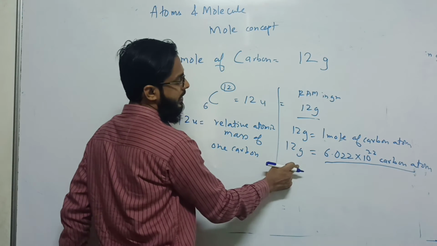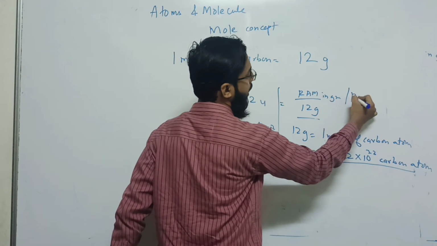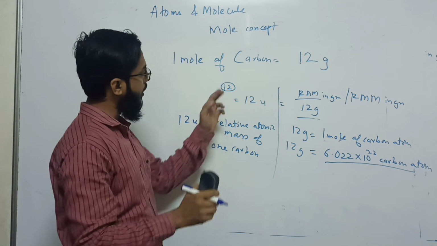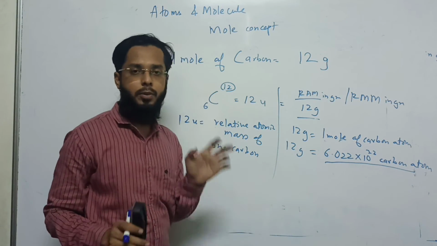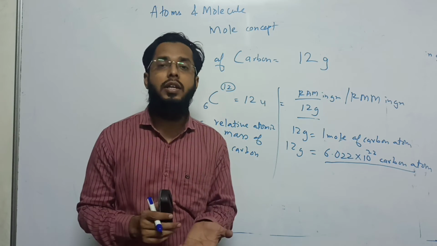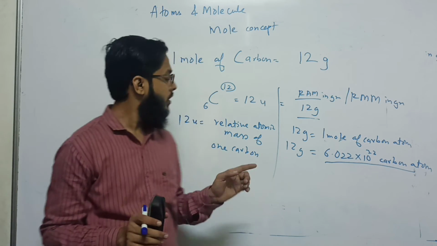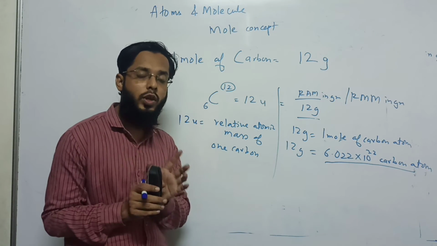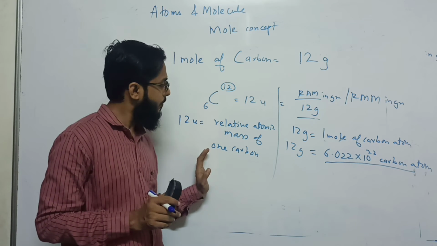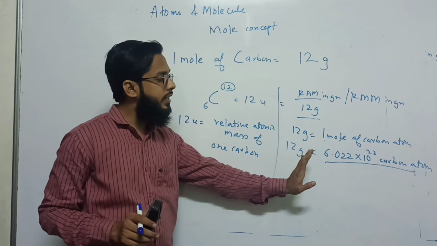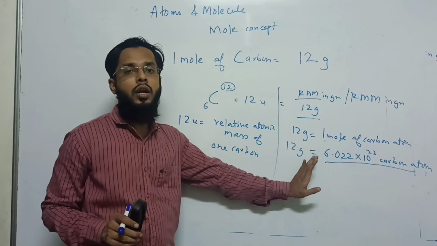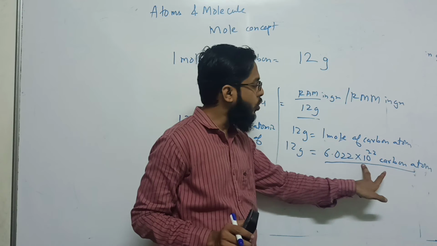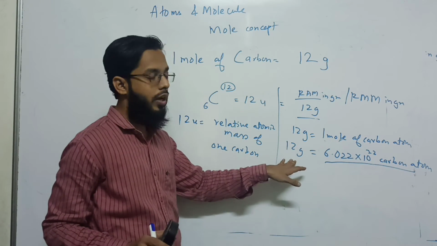1 mole will always have relative molecular mass in grams. So whatever the mass you learn, this is relative mass, which is just a comparison, which is not actual mass. This is not the mass of one single atom. And this is 1 mole of carbon atoms, that means 6.022 into 10 to 23 carbon atoms.